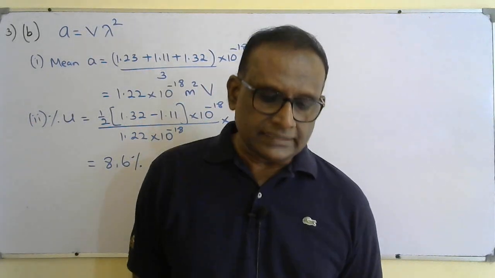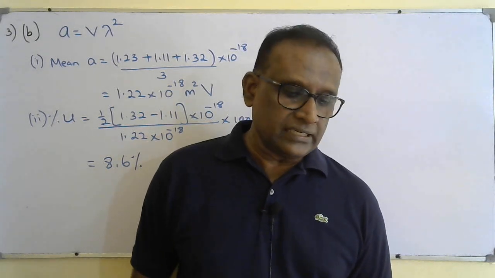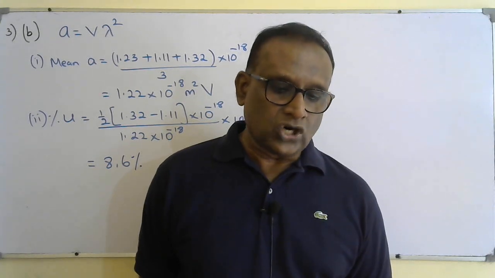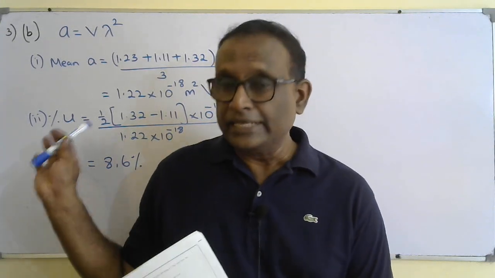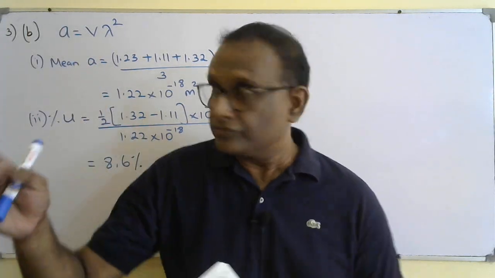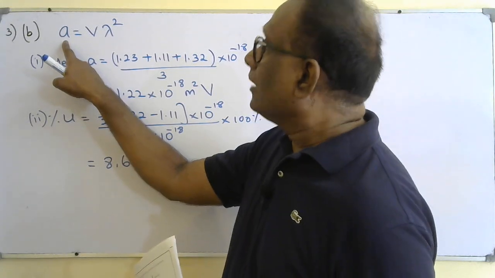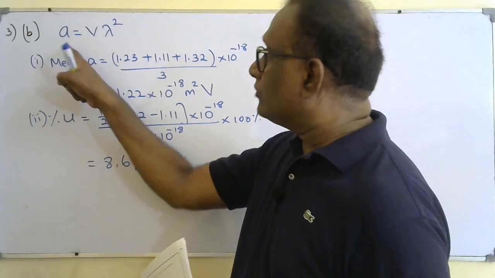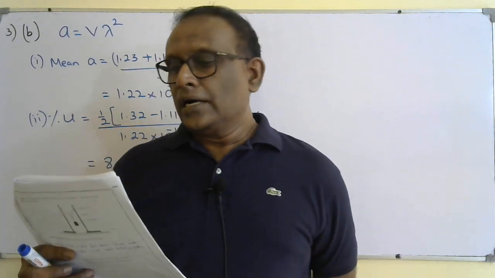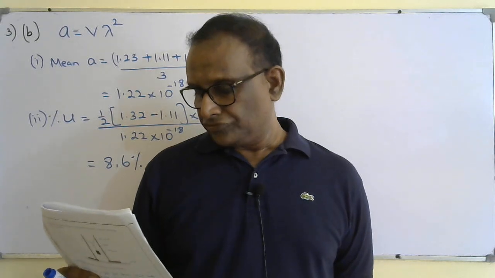The different student repeated this investigation using 6 values of V. She plotted a graph of V against 1 over lambda squared and determined the constant A. Instead of finding the mean value of A from different values of V and lambda, that student is plotting a graph of V against 1 over lambda squared. Give two reasons why this is a better method to determine a value for A.